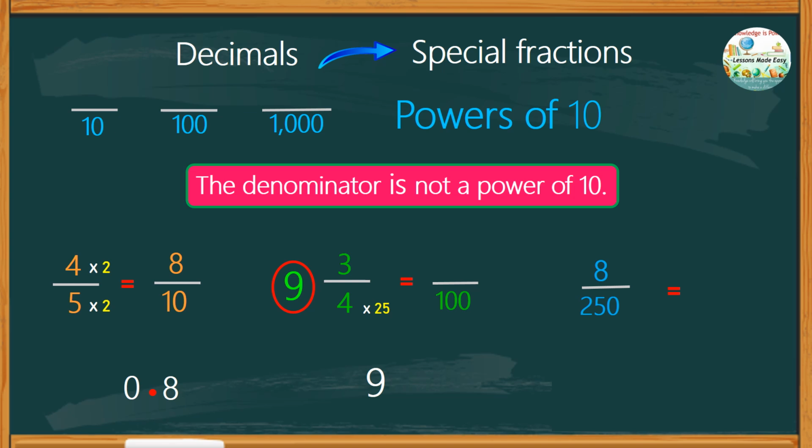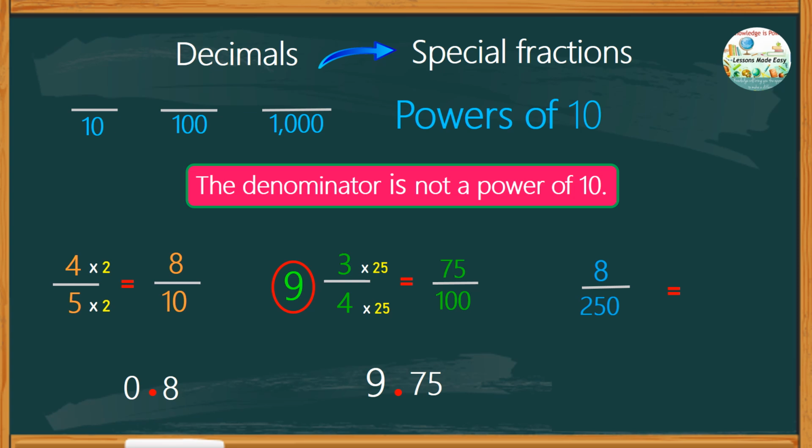Do the same with the numerator. 3 times 25 will give us a product of 75. And 75 over 100 in decimal can be written as 0.75. Altogether, we have 9.75.